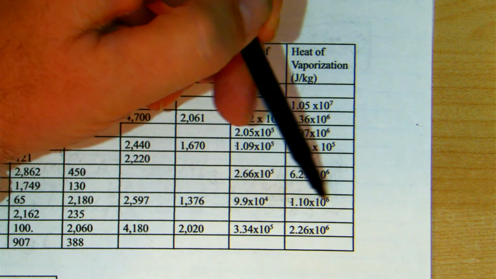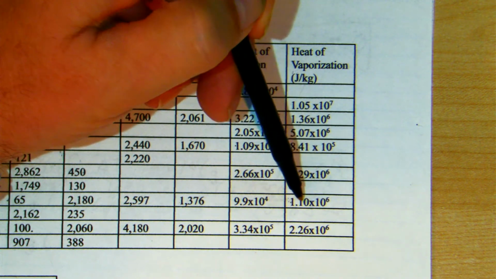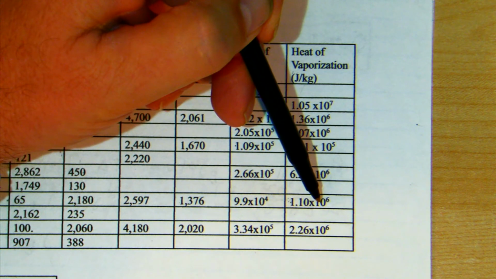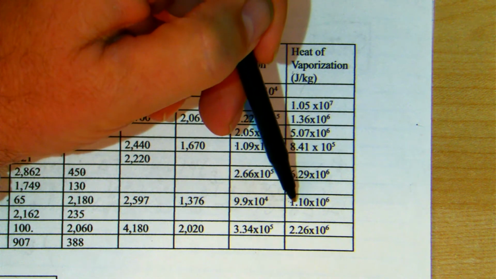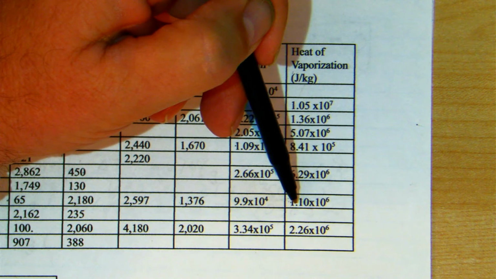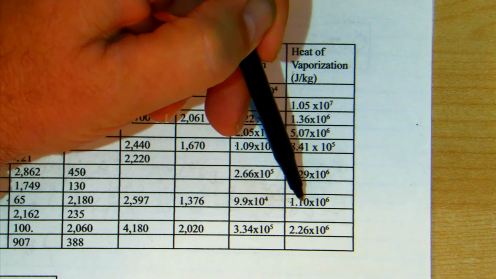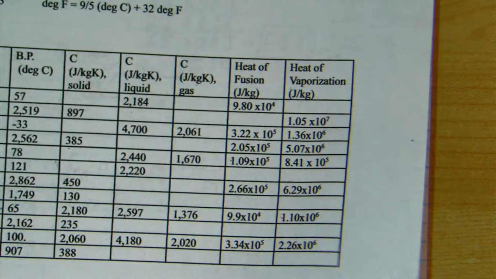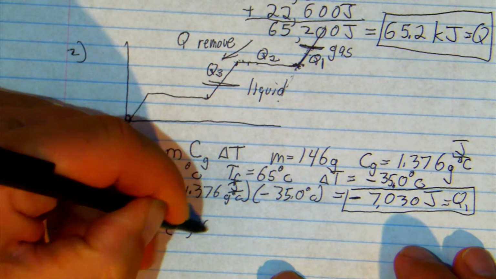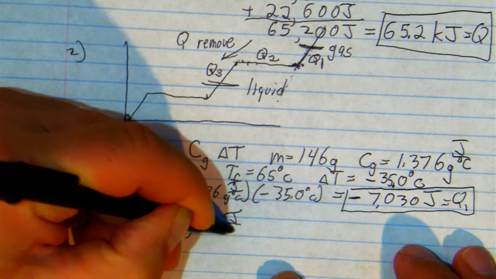That means I want to move the decimal point 3 places to the right. In other words, I can replace this decimal point with a comma and think of this as 1,100 joules per gram.